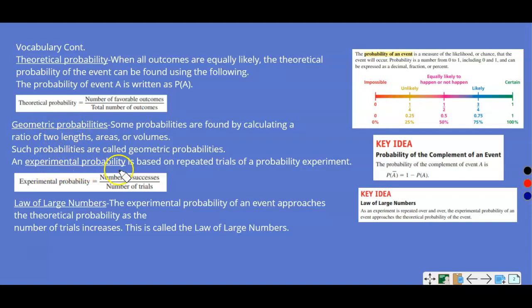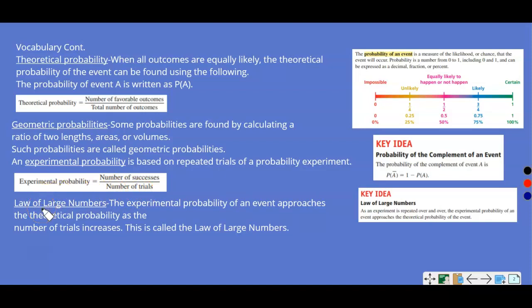An experimental probability is based on repeated trials of a probability experiment. And you can find that by number of successes divided by the number of trials. That's an experimental probability.